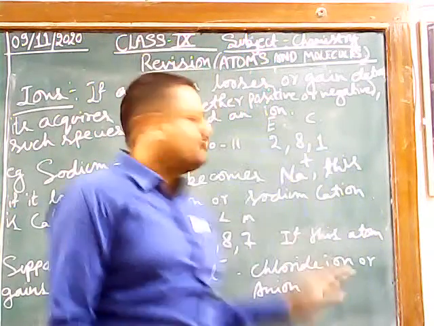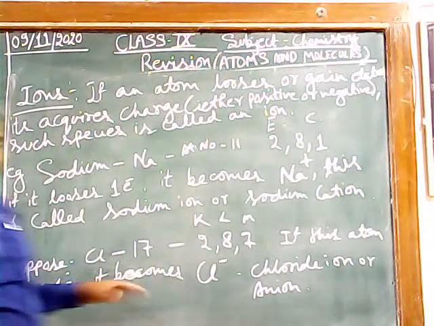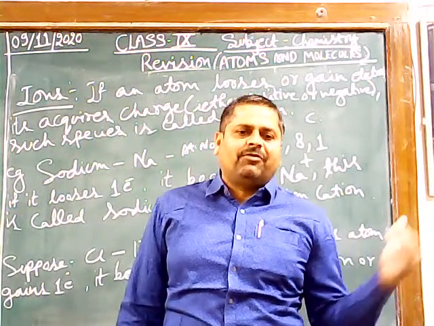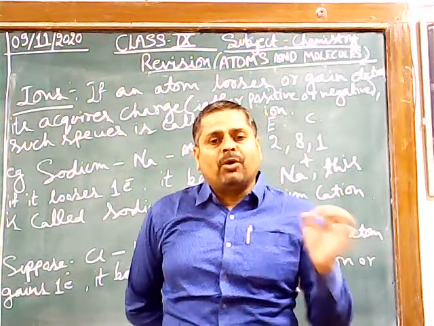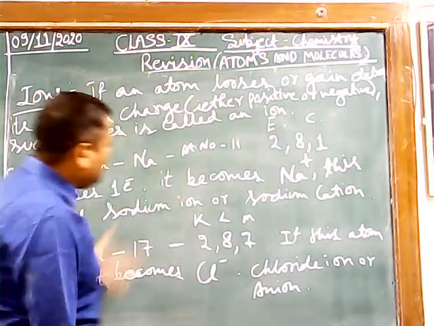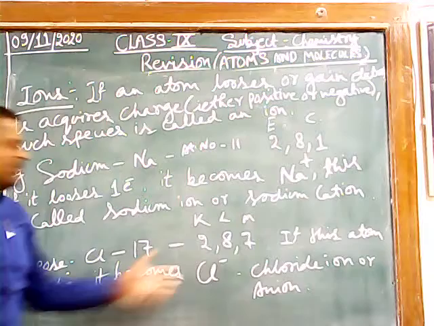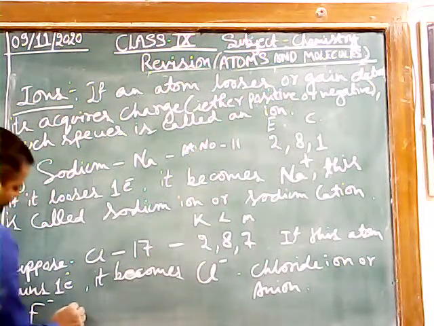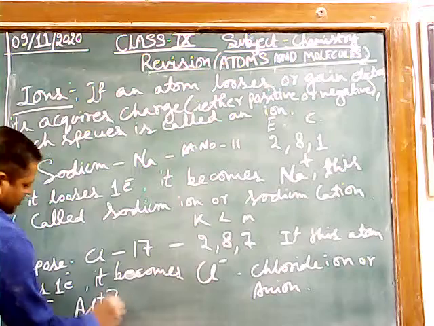Okay, children. Now, depending upon the number of atoms in an ion, ions are of different types. Monoatomic ions are such ions which have only one atom. For example, sodium only one atom, chlorine one atom, Cl-, Al3+. This is only one atom.